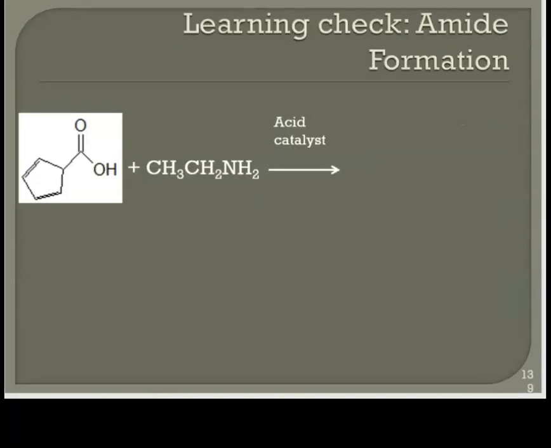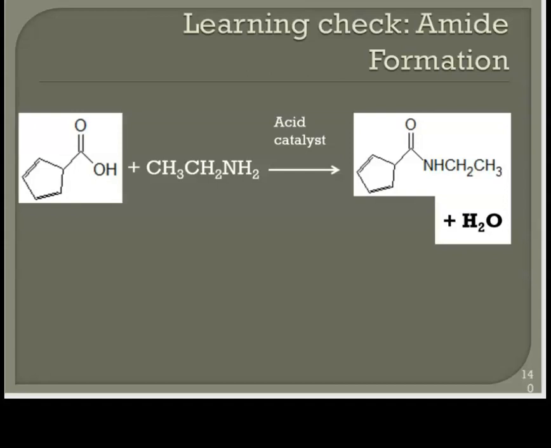So here I want you to look at these reactants, and I want you to pause this after you have solved what you believe this would result in. And this is the solution. We have this nitrogen that is going to be partially negative, and that's going to be attracted to this partially positive center on the carboxylic acid.